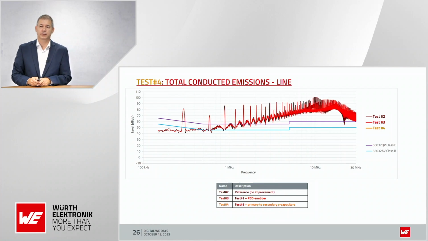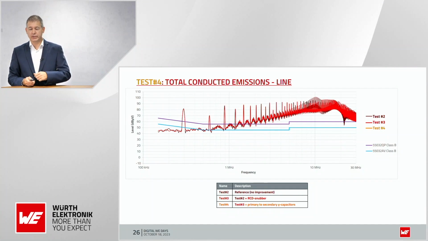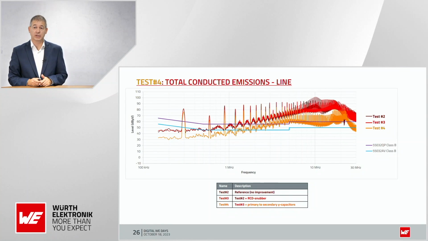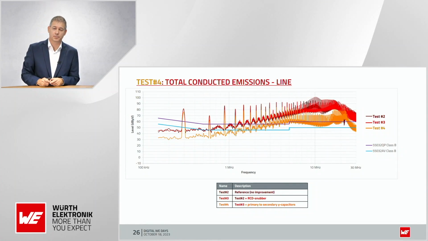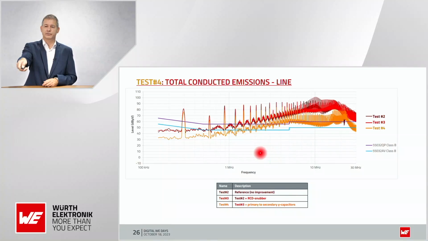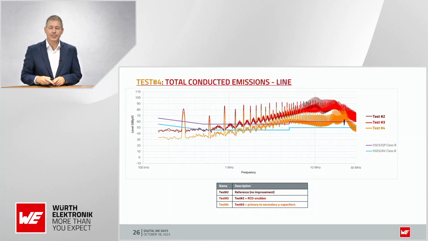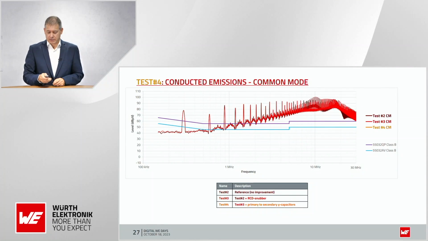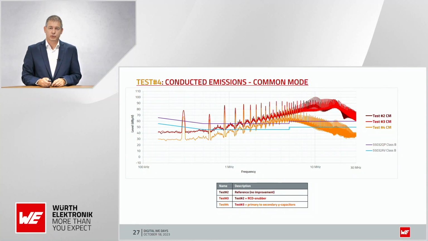We do test 2 and 3, now test 4, and see, now we get a better result in the higher frequency, which is caused by the common mode. And if we separate the common mode, we can see much more.